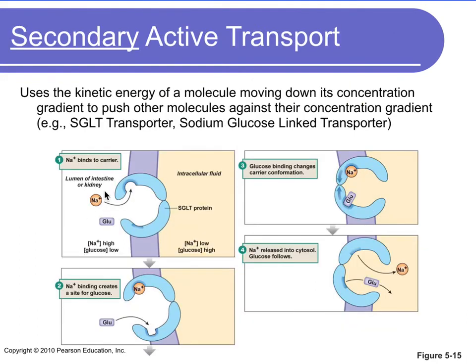We're going to use the sodium that's high extracellularly that really wants to go into the cell. We're going to use that gradient to force glucose to go into the cell, even though glucose is already high inside. So essentially, sodium is kind of grabbing glucose and forcing it to go in. And this is your SGLT.